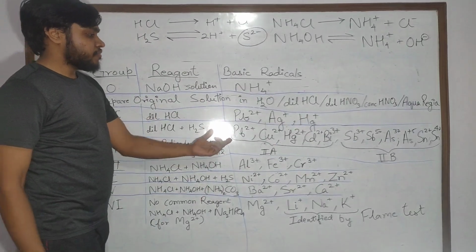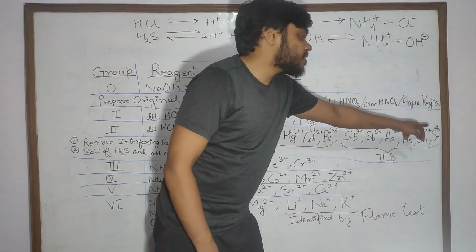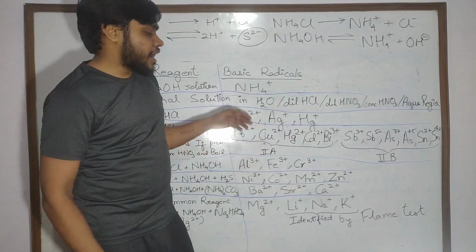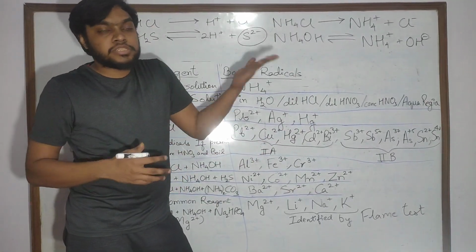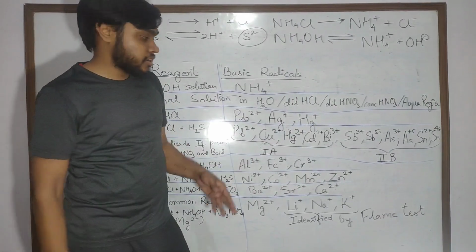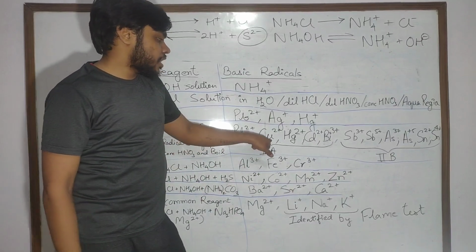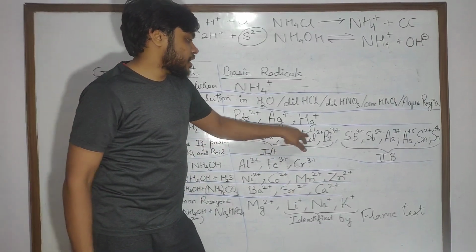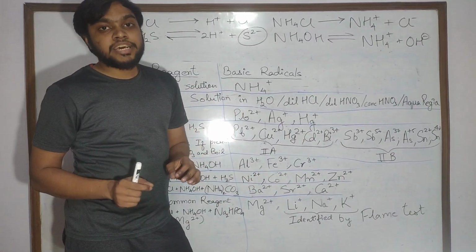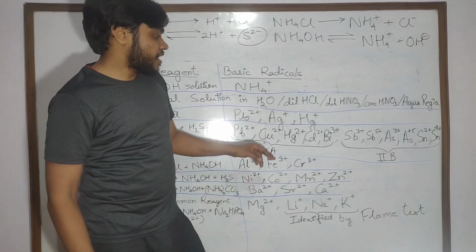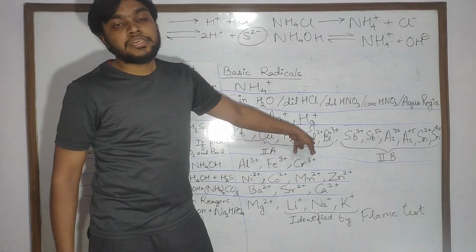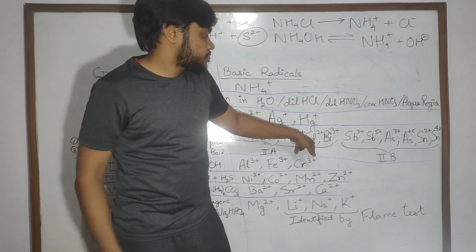In the same way, we can also look at the color of the sulfides and estimate which basic radical would be present. For example, lead, copper, mercury and bismuth sulfides are black in color, whereas cadmium sulfide is yellow in color.